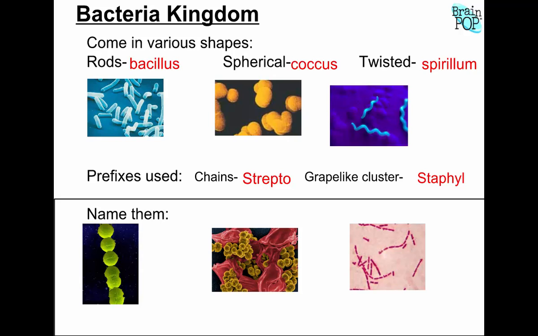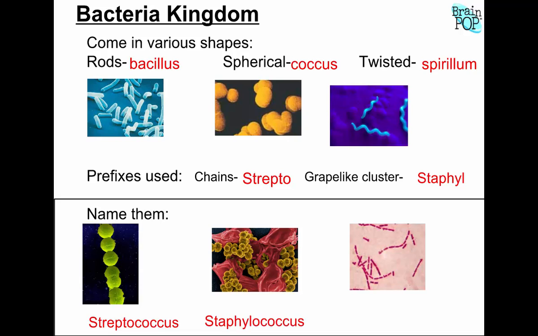So what would you call this type of bacteria? A chain. Okay. Strepto, and the shape of each cell? So that's Streptococcus bacteria. One of those types of bacteria is what causes strep throat. How about these bacteria? Staphylo.